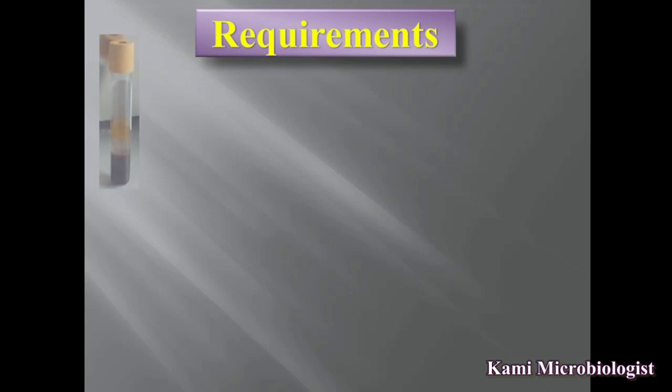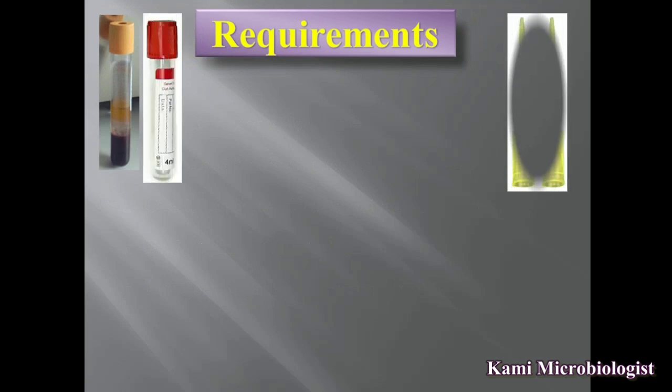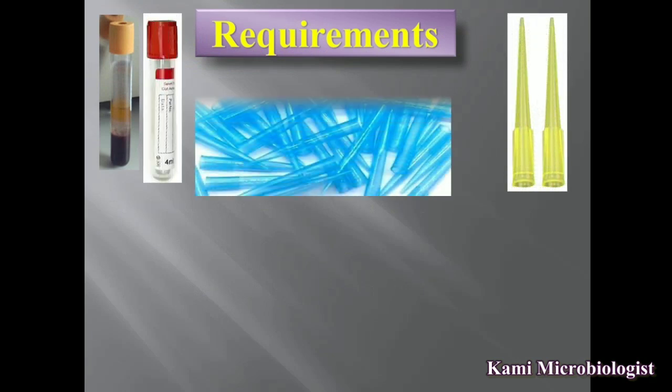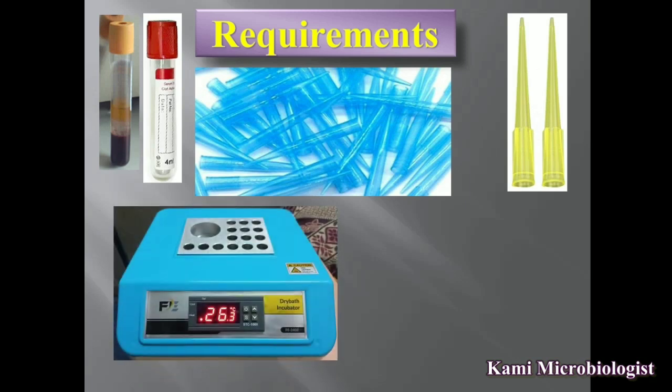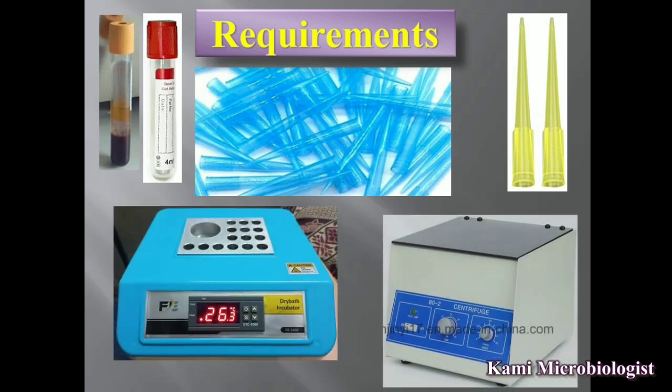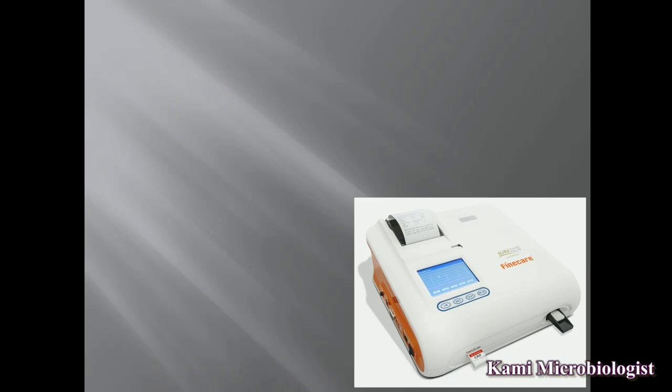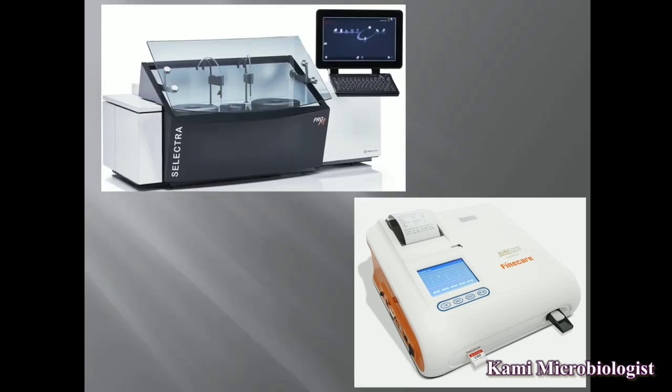Now let's see the requirements. In this test you need blood in a gel tube or red top, a yellow tip, a blue tip, a dry incubator and a centrifuge machine. This is the FIA machine, or immunofluorescence immunoassay machine, which is semi-automated, and this is the Selectra machine, an advanced fully automated machine.